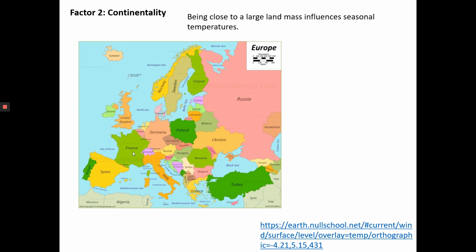Because the south of the UK is near this big landmass, in summer, that land heats up very, very quickly. And as the land heats up, it heats up the air above it. That means that the temperature, if you are near a big bit of land like Europe, is going to be hotter. And that's why in the south of the UK, you get these warmer summers.